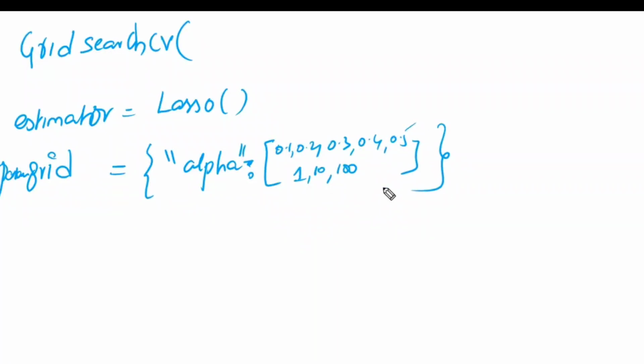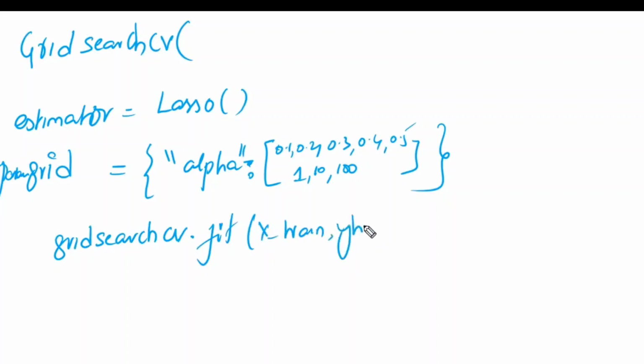This is the lasso param grid I have written. And now I'm applying GridSearchCV dot fit on X train, Y train. This is called Python code.